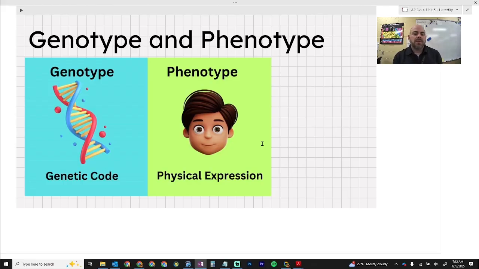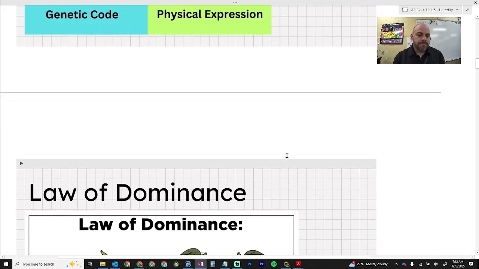A phenotype is something you can look across the room and see: that person is tall. You don't see heterozygous, you just see tall, short, blue, brown, whatever. You get the idea. Phenotype, genotype. Very important words. If you get those mixed up, it's really hard to do anything in Mendelian genetics.